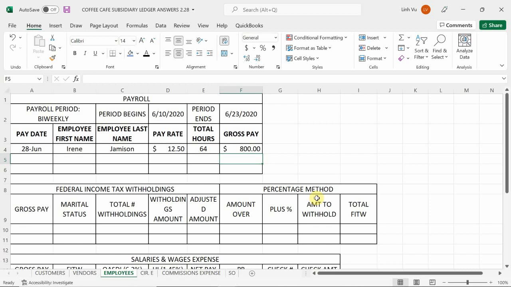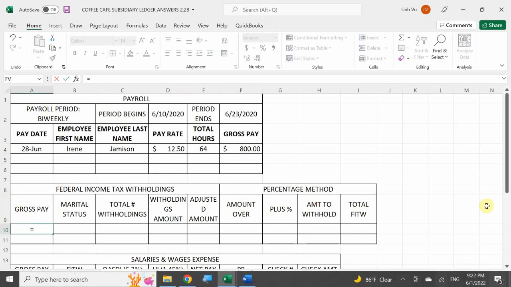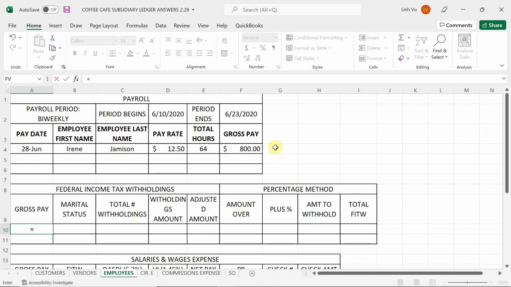So if her gross pay is $800, let's see what federal taxes she is subject to. Her marital status, on her W-4 form, she said she was single. Total withholdings, 0. She didn't claim any extra withholdings.